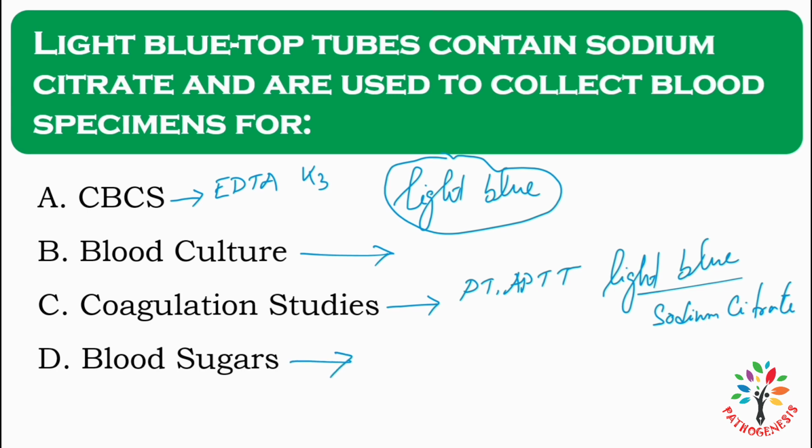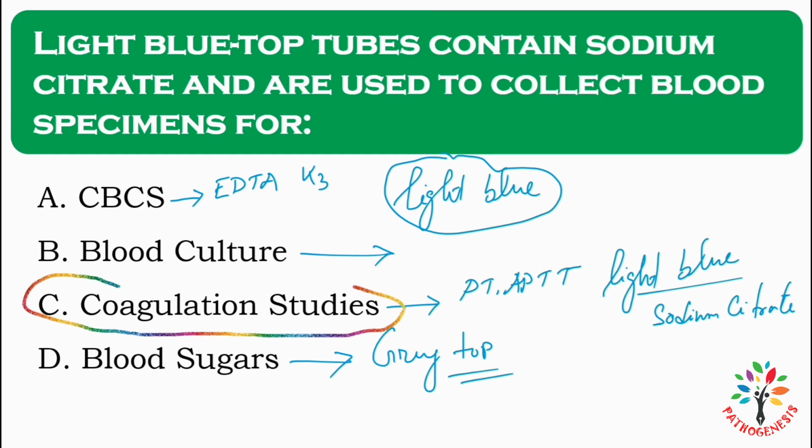For blood sugar estimation we use the gray top vacutainer. So the correct answer is coagulation studies, for which we use the light blue top vacutainer.